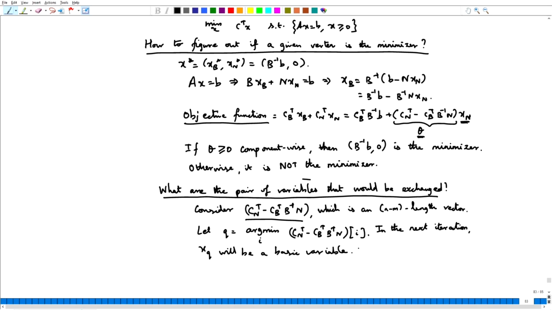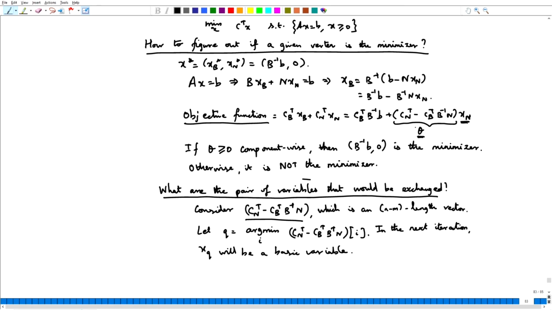You can ask me why that is the case, right. From what we saw here, xn is the set of variables which were 0, and if you take the vector theta, the variables corresponding to theta being negative are the ones which we are actually going to increase from 0.